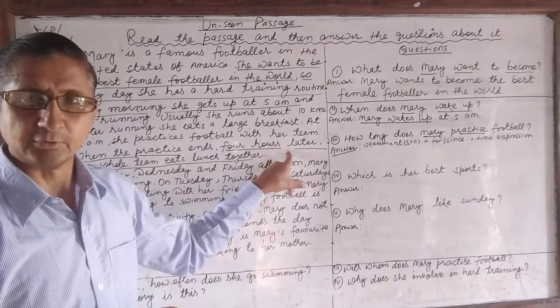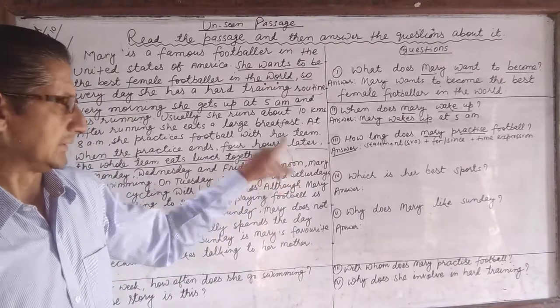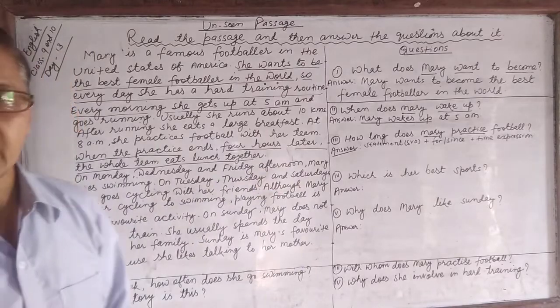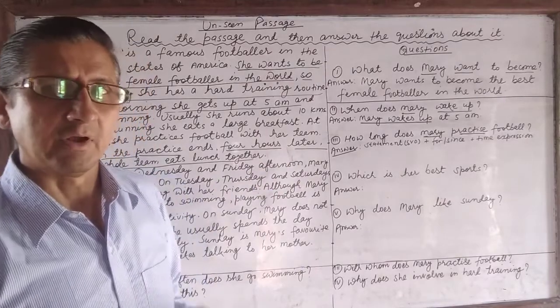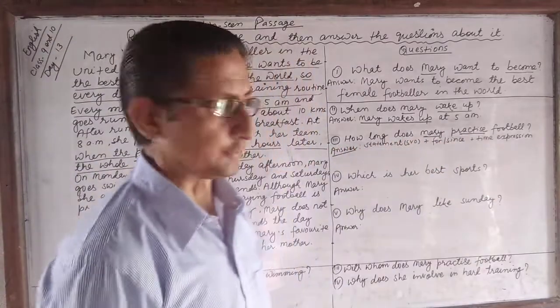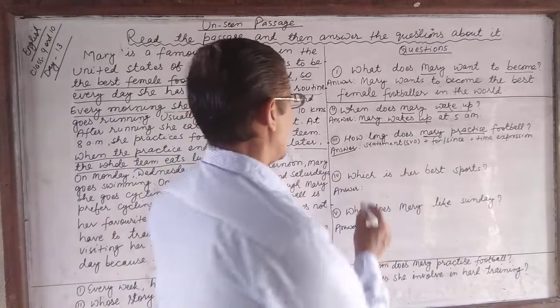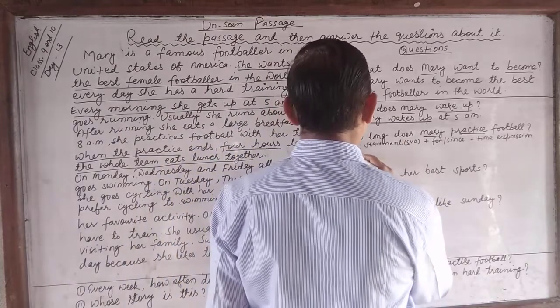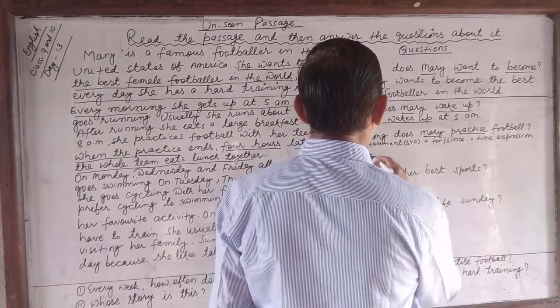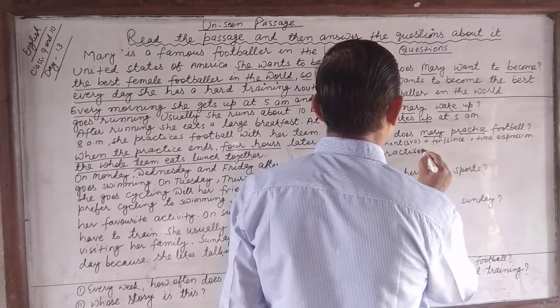We locate the answer in this portion of the passage, and we write the answer in our own words. How long did Mary practice football? How do we write the answer? First we write the statement. Mary practices football.